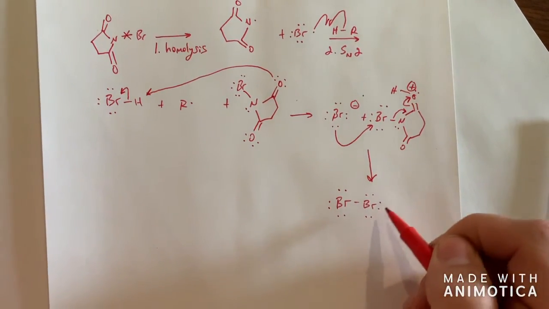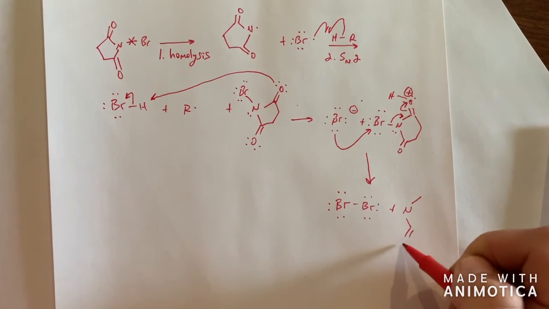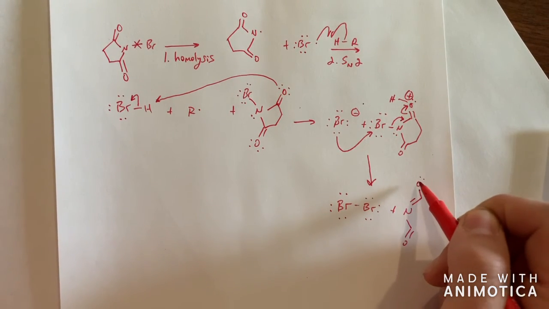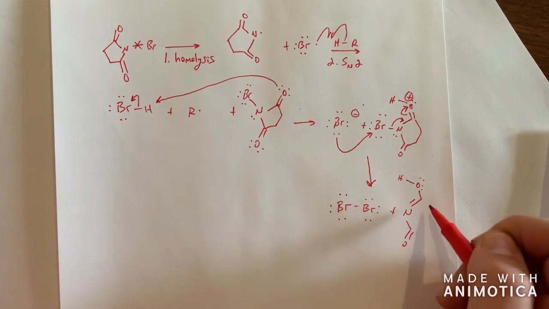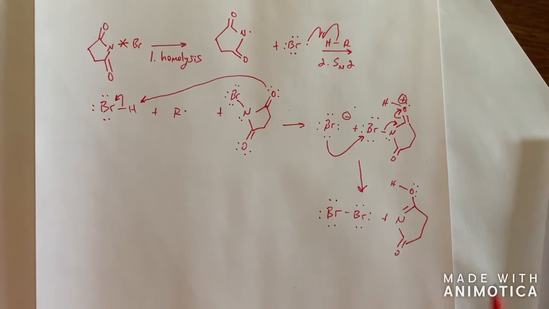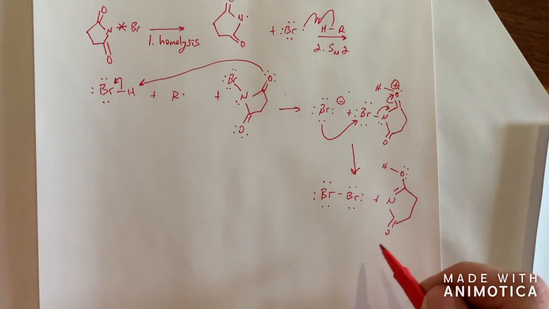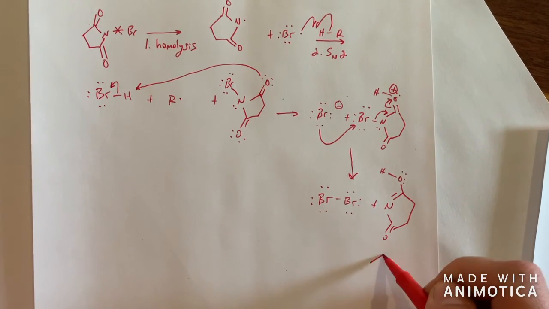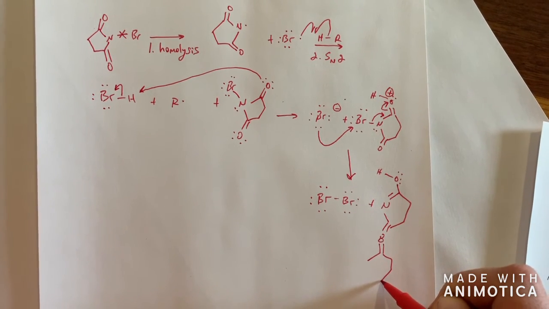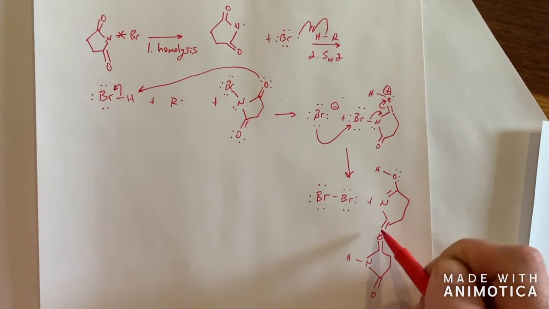So we still have our 2 bromines. And we have this NBS molecule that doesn't have the bromine on it anymore. That is also able to tautomerize into, I'll just show the tautomerization here, with that nitrogen and the oxygen.